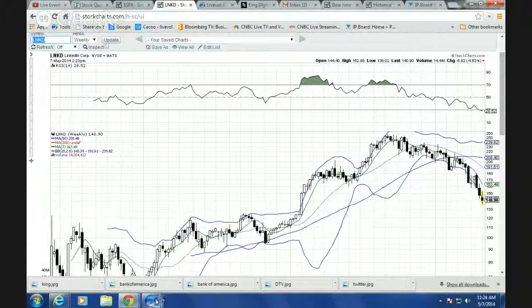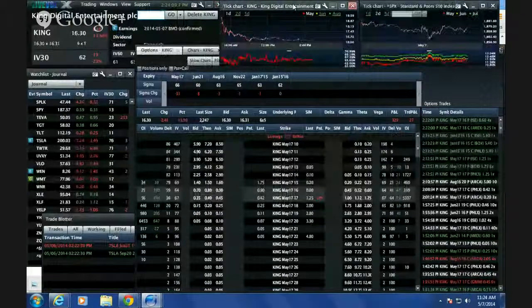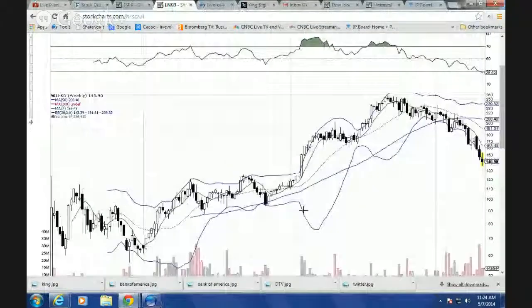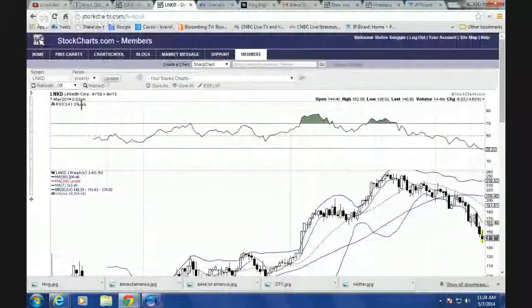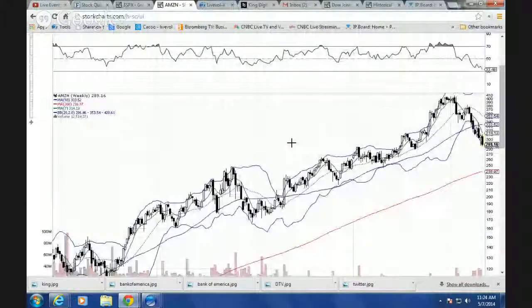So these guys had some huge runs, and I know people sometimes think maybe there's time to buy, but I think you should be careful, because these can go down a lot. Amazon is a great example.